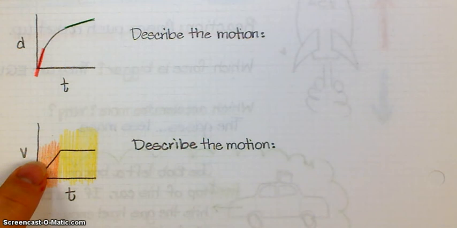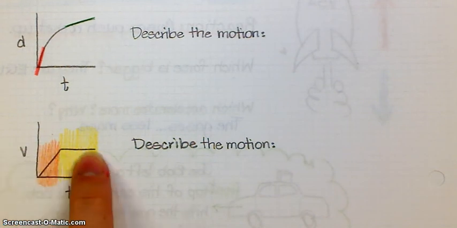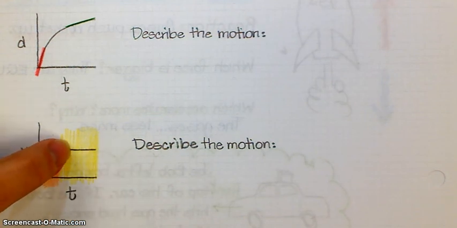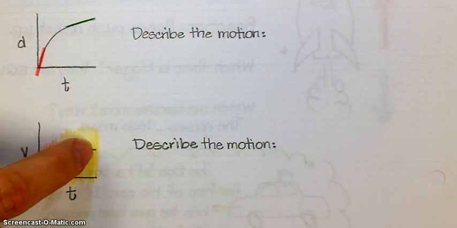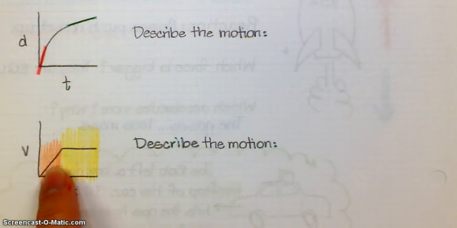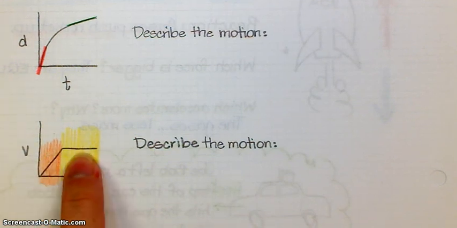If the velocity value is going up as time goes by, that means that the object is speeding up. Okay? Here, in the yellow section, the velocity value is remaining the same over time, which means that now the object is moving at a constant velocity. Okay? So it speeds up and then moves at a constant velocity.